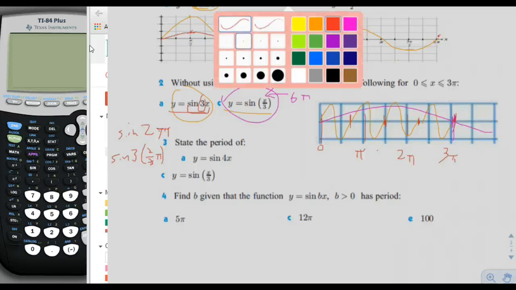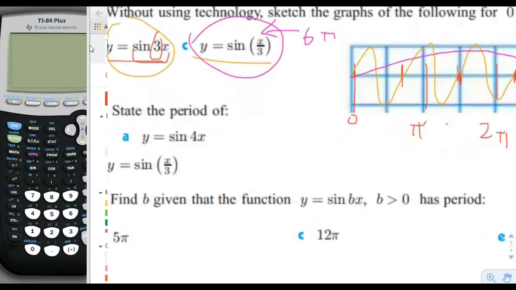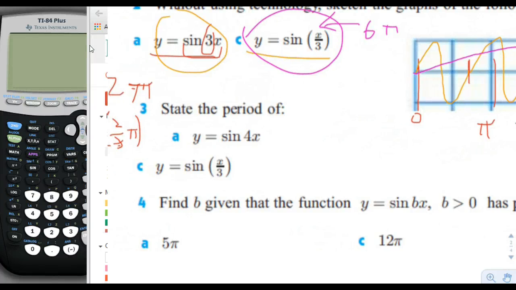Now it says, state the period of y equals sine of 4x and sine of x over 3. The way you figure this out is, if you set 4x equal to 2 pi, basically that's asking what is the full cycle of the sine wave?